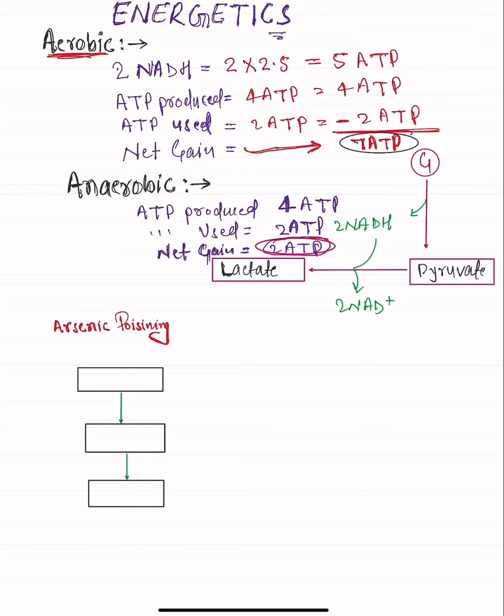In anaerobic condition, net gain is 2 ATP. And in the aerobic condition, net gain is 7 ATP. Right? In the normal conditions, in RBC, we are getting 2 ATP, right?